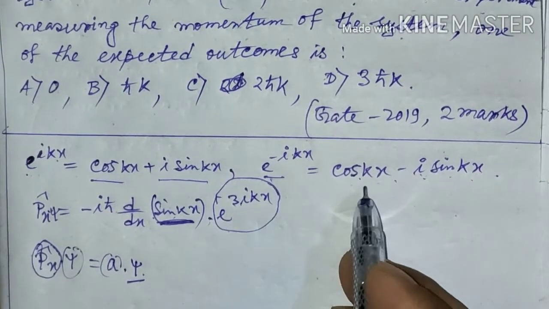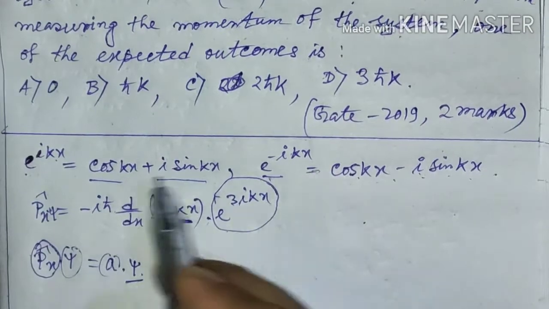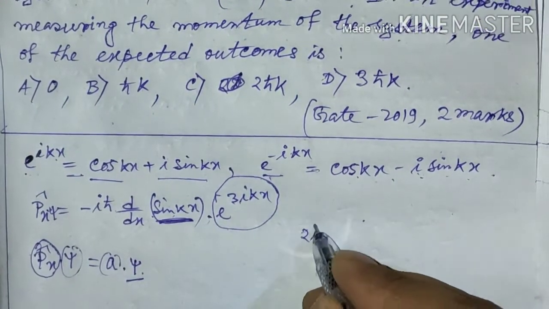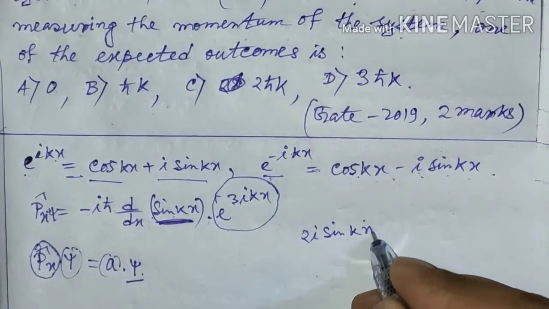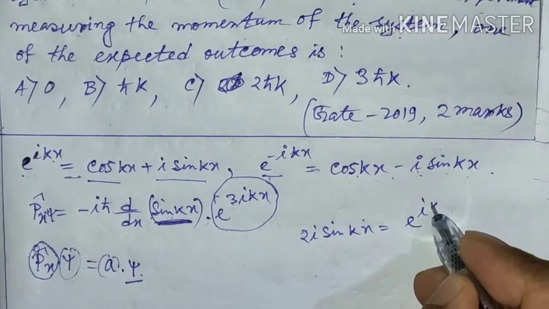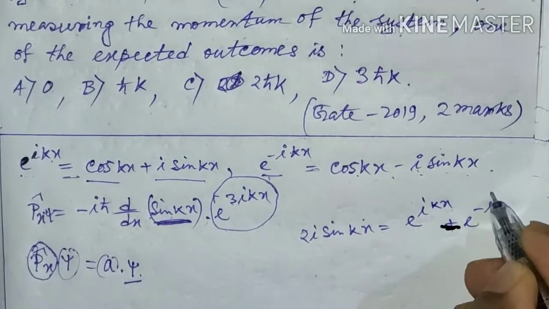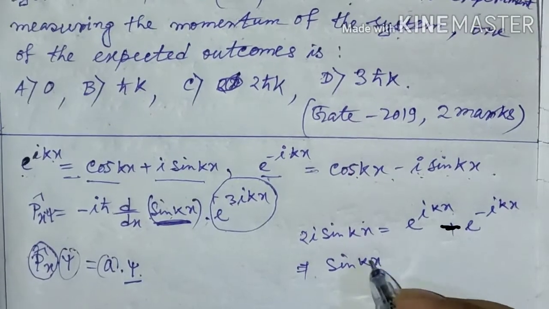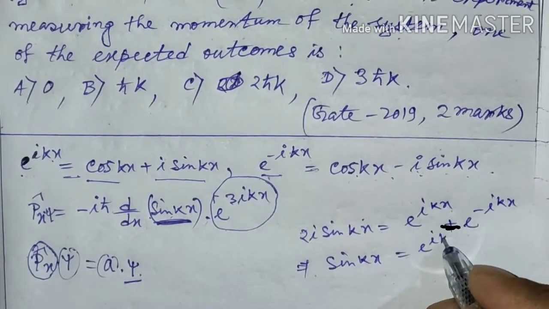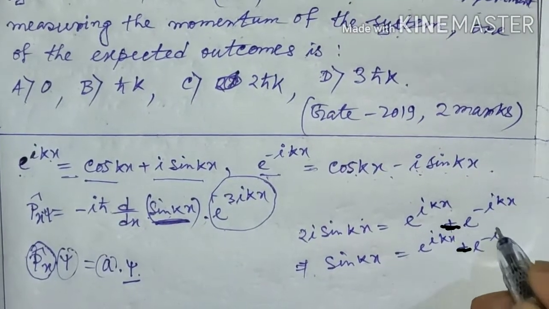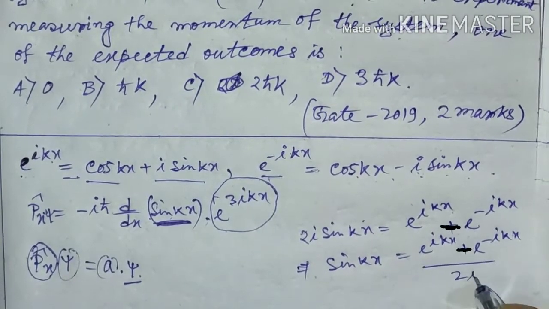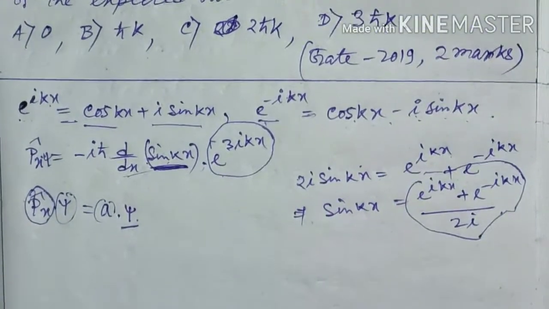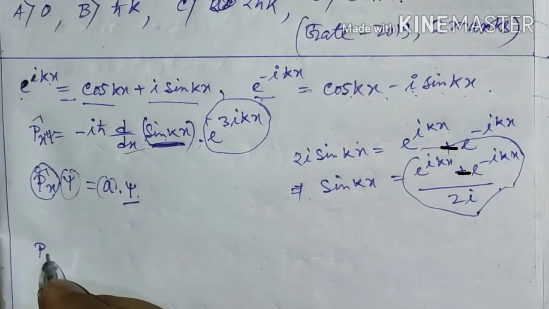Now from these two equations, if we subtract the second from the first, we will get that 2i sin kx is equal to e to the ikx minus e to the minus ikx. That is, we can get the value of sin kx from this, divided by 2i.